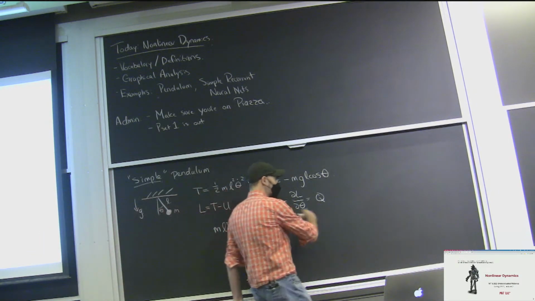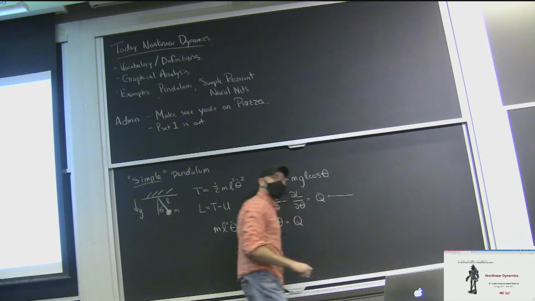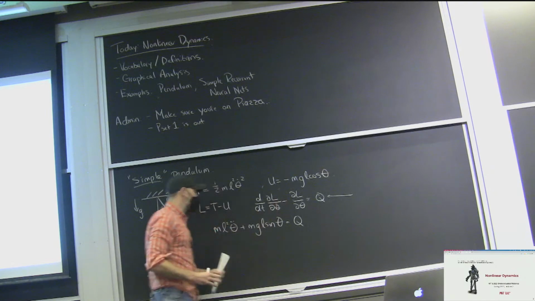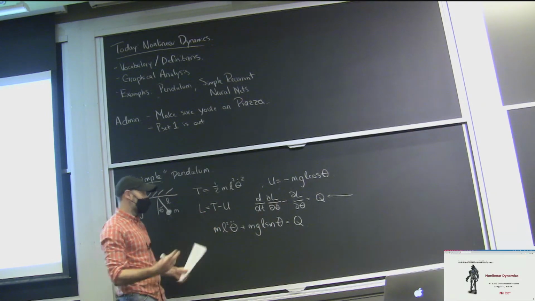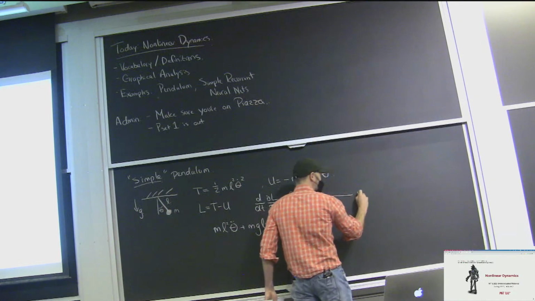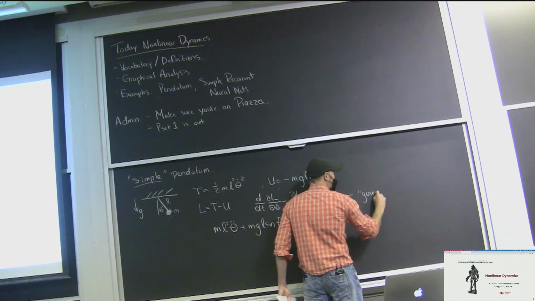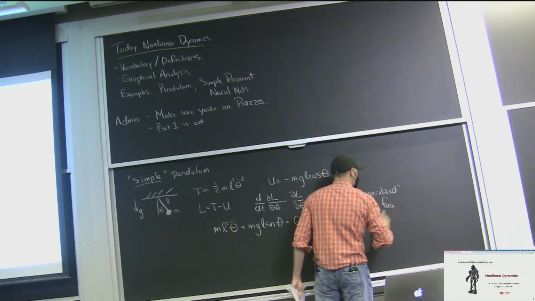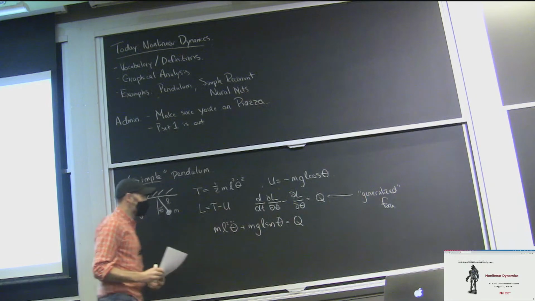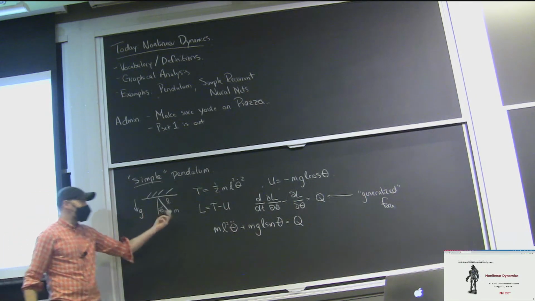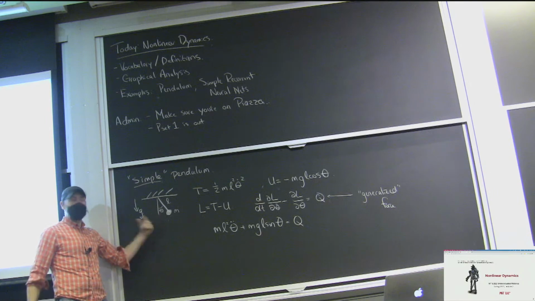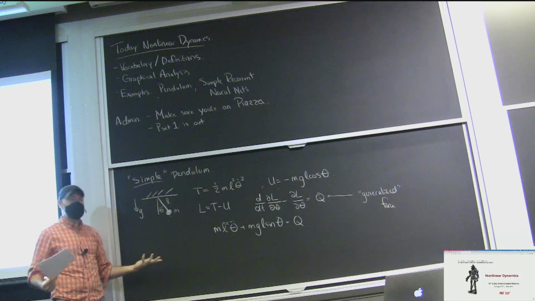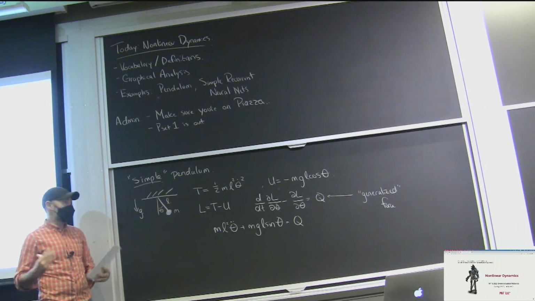Now, let's think for a second about what Q is in this Lagrangian equation. The Lagrangian's talking about all of our conserved quantities, our kinetic minus our potential here. This is the generalized force. The Lagrangian's doing all of its work in the coordinate system defined by theta in this case. So we want to be able to think about what a force looks like in the coordinates of theta, the generalized force.